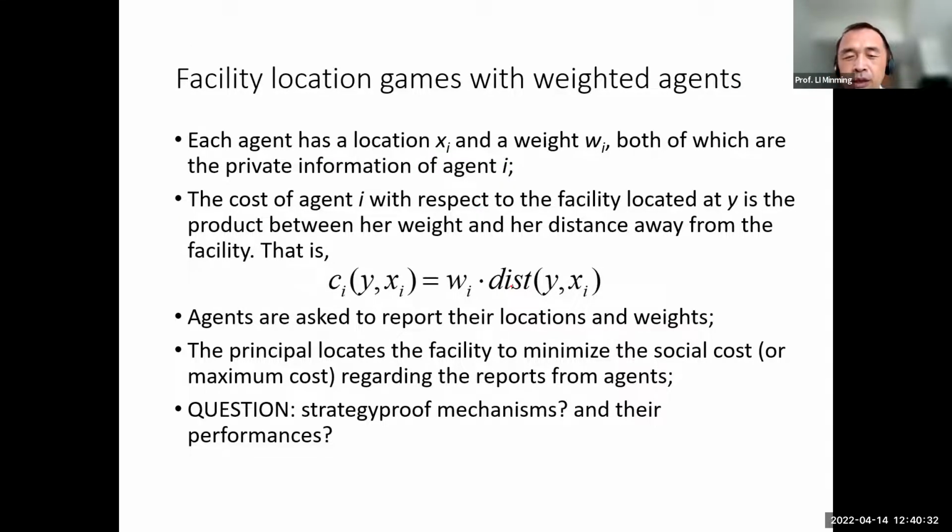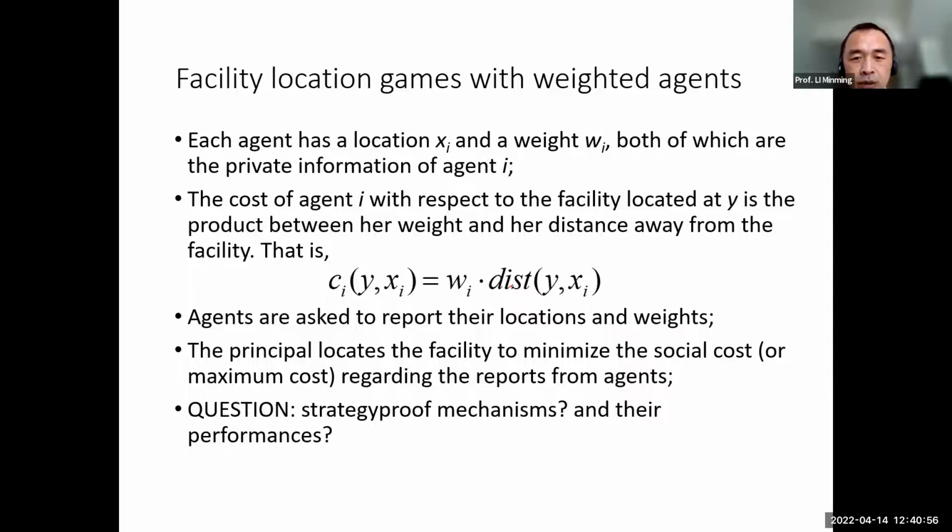Actually, very easy. When I define the cost, I just multiply a weight, w_i, on top of distance, right? That means if an agent has a high weight, then his cost will be high. Okay, so this is a very natural weighted extension of the facility location game, right?